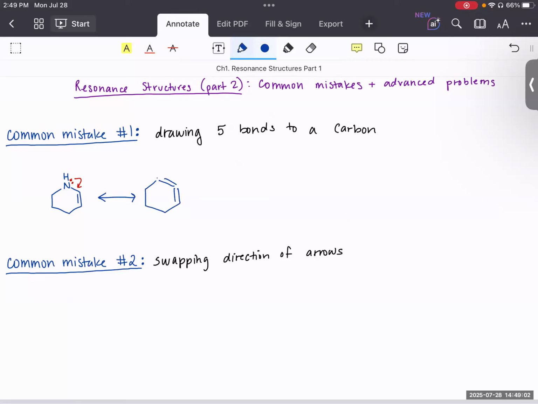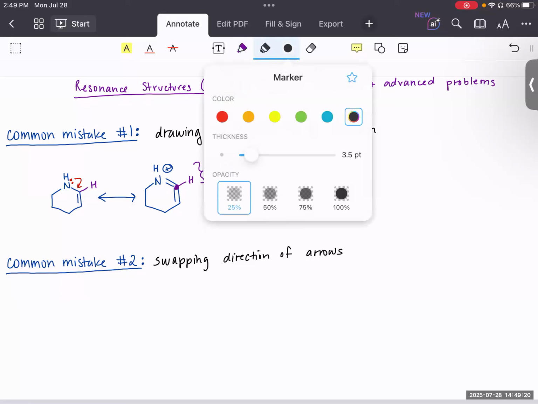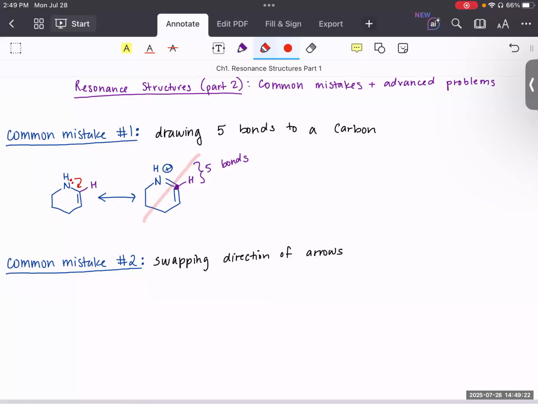However, if we stop the structure here, the problem that we encounter is that this carbon right here, this purple one, now has 5 bonds if we include that hydrogen that's on the structure. And so we cannot stop this structure right here. This is not a valid resonance structure.